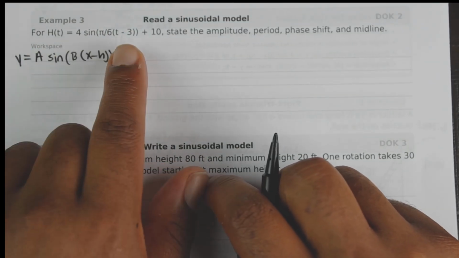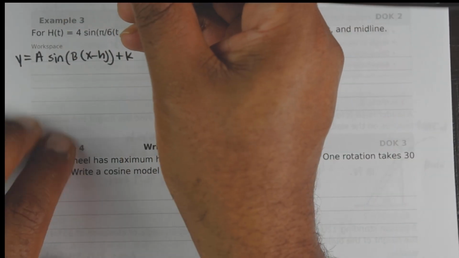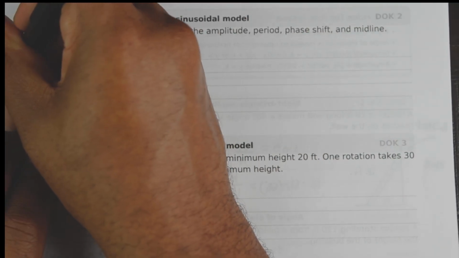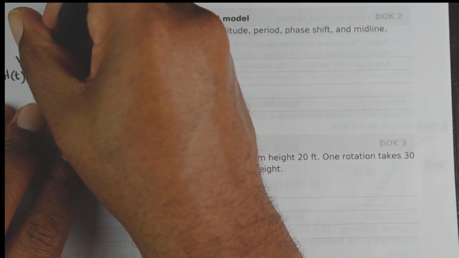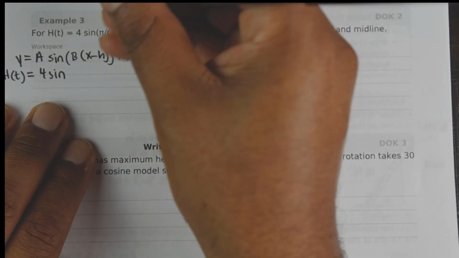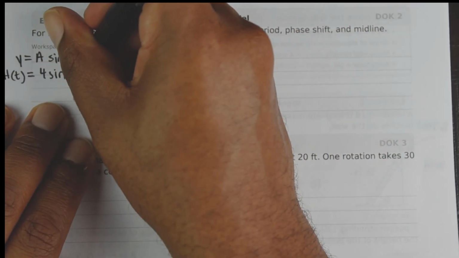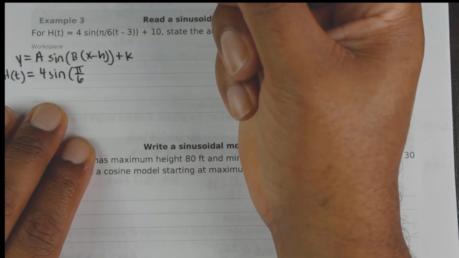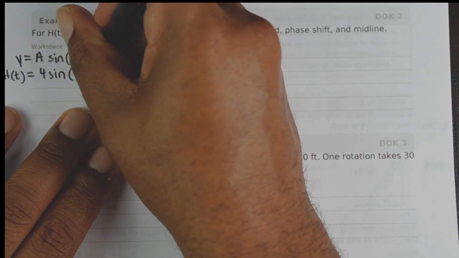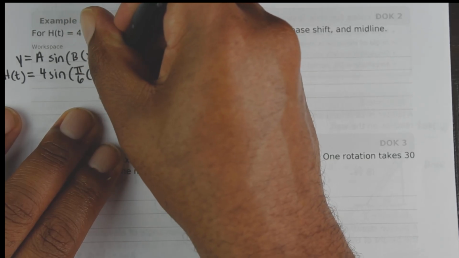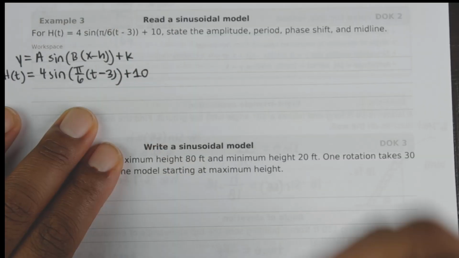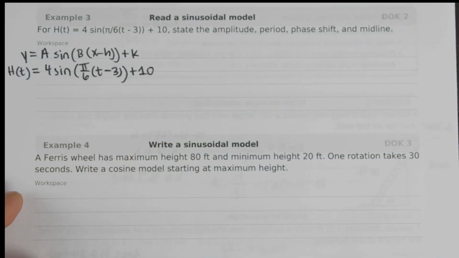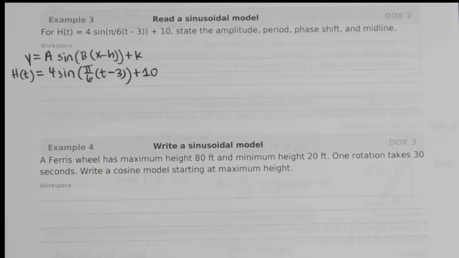So essentially we're comparing that with this right here. Sine of b would be pi over 6, times t minus 3, plus 10. If we were comparing it, we would line it up perfectly like that.